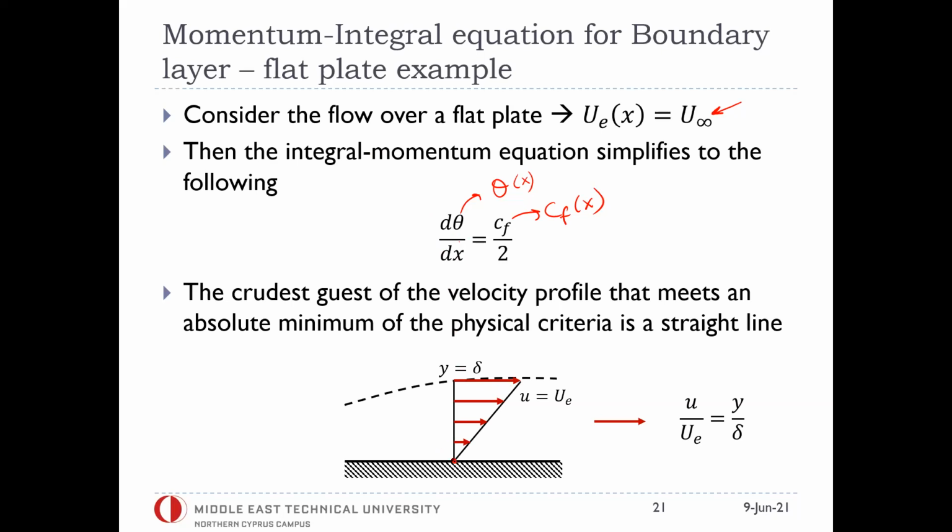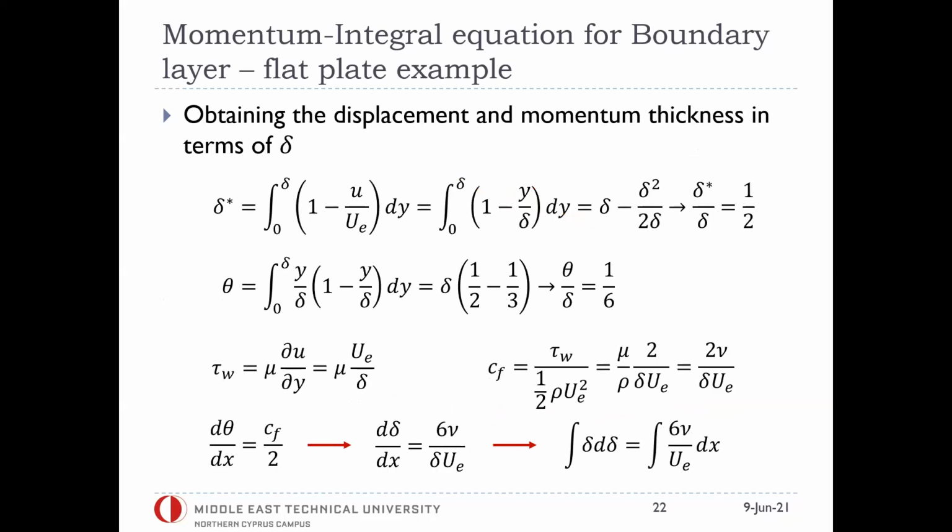We need to satisfy the no-slip condition. We are assuming a straight velocity field, and at y equal to delta, the velocity is going to be equal to Ue. So U over Ue, this equation tells us these two conditions are satisfied. We just do not know how it changes between these two points, so we assume it changes linearly and put a straight line.